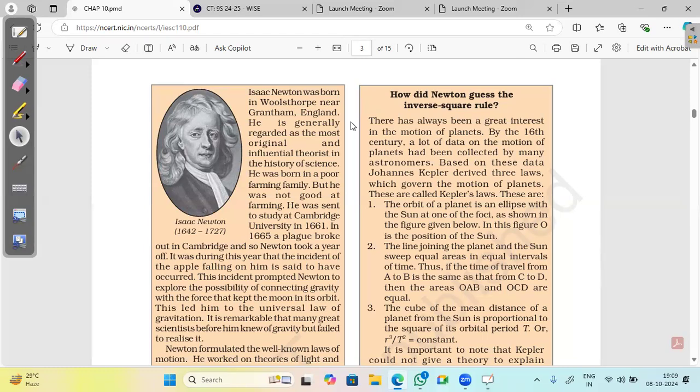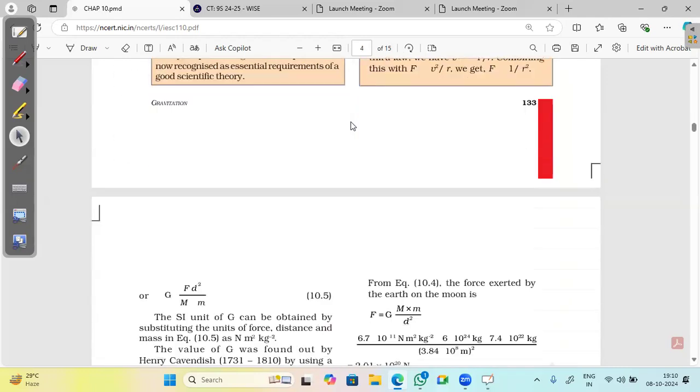In the beginning, we had learned the definition of the gravitational force, the force of attraction between any two bodies, which is always attractive in nature. The gravitational force acting on a body is F equals G m1 m2 by r squared. The value of G was given to be 6.67 times 10 to the power minus 11 Newton meter squared per kilogram squared.